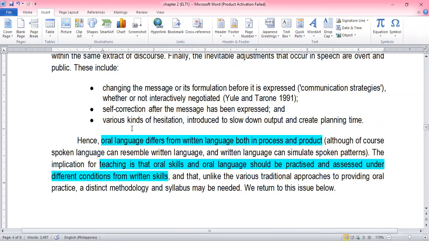They are the same, but they can also be entirely different. That's why they need to be separated. They have separate syllabus, they have separate assessment styles, and all that because they're different. They are both productive skills, but they are different in some aspects. And unlike various traditional approaches to providing oral practice, a distinct methodology and syllabus might be needed.